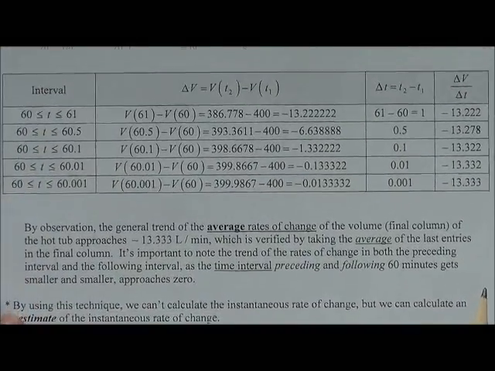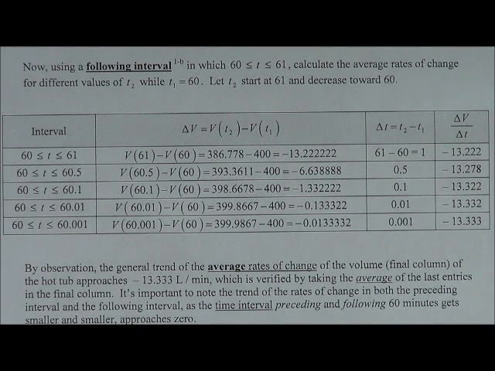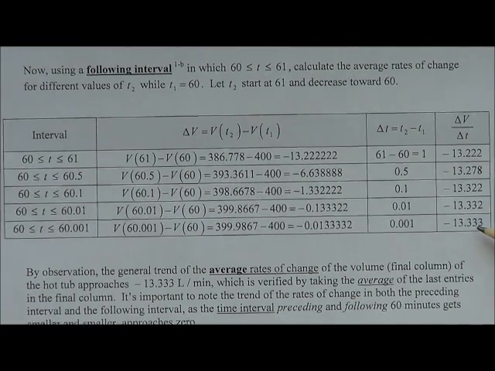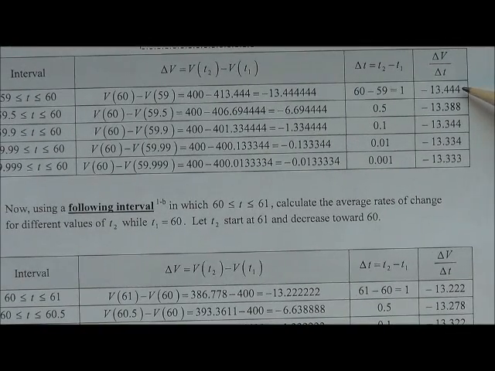And now that you're back, please take a look at this table, the completed table, and again take a look here, now that you've finished that, where the values of delta V over delta T are, they're decreasing further from negative 13.222 all the way down to negative 13.333, whereas the values in the preceding interval were increasing from negative 13.444 up to negative 13.333.